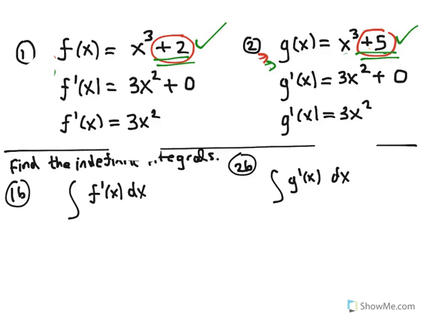Indefinite integral means antiderivative. So you're going to be looking for antiderivatives here. So f prime of x is 3x squared, and you're integrating with respect to x. For indefinite integral, there are no limits of integration. You're just looking for an antiderivative. That's what indefinite integral means.